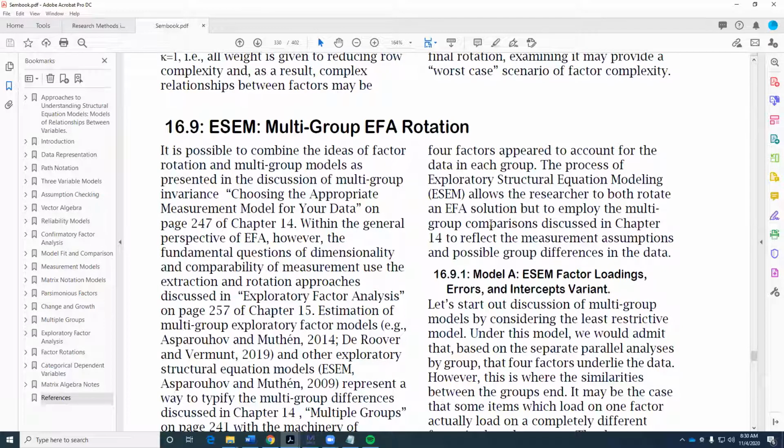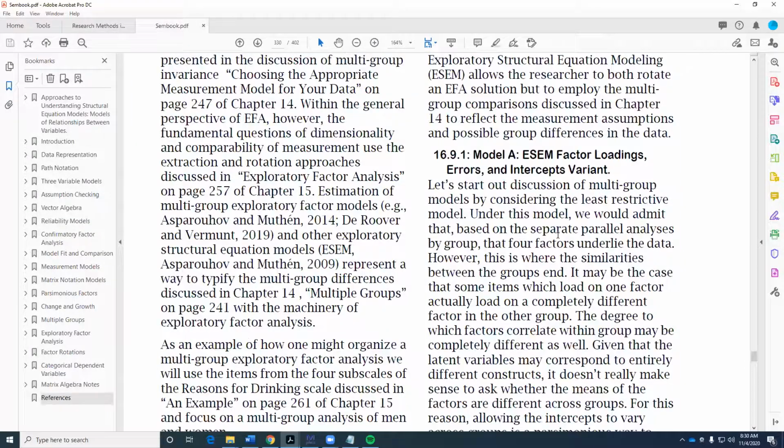At the end of the day, though, just looking at a separate exploratory factor analysis doesn't really do a good job of telling you whether those factors are the same things across groups. So I could say that maybe across my two groups, the factor loadings, the errors of measurement, and the intercepts are all the same across men and women.